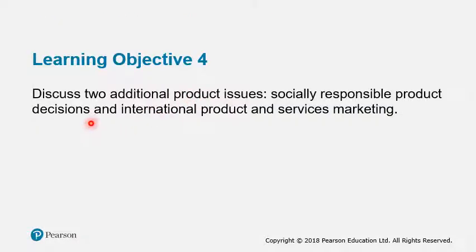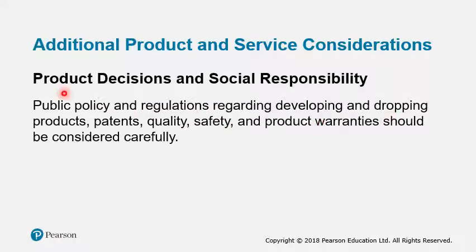And lastly, for this chapter, on the additional product issues, talking about socially responsible product decisions and international product and services marketing. So when you make product decisions and consider social responsibility, public policy and regulations regarding developing and dropping products, patterns, quality, safety, and product warranties should be considered carefully.